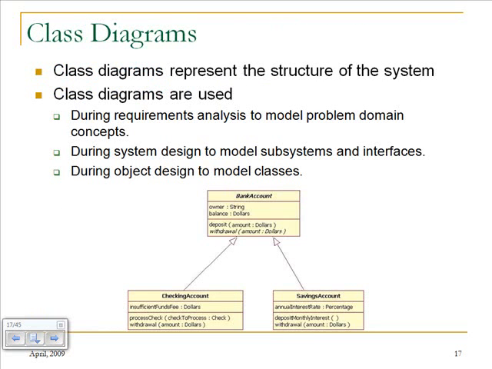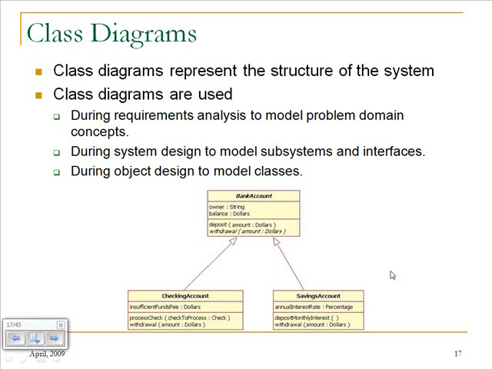So class diagrams represent the structure of the system, and class diagrams are used during requirements analysis to model problem domain concepts. We use class diagrams during system design to model subsystems and interfaces. During object-oriented design, we use class diagrams to model classes.